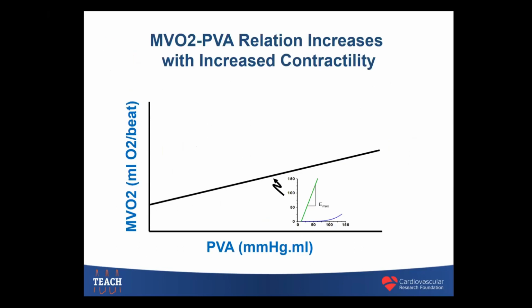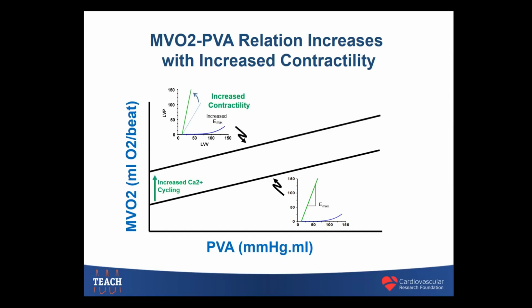Now, calcium cycling is a little different, right? We talked about if you add an inotrope and you increase your calcium cycling, milrinone or dobutamine, or even Levophed, which you guys use a lot, has some inotropic properties, right? All of those increase your calcium cycling. So you'll actually shift your curve so that you will have significantly more myocardial oxygen consumption with an inotrope, or an inopressor, than you had without it.